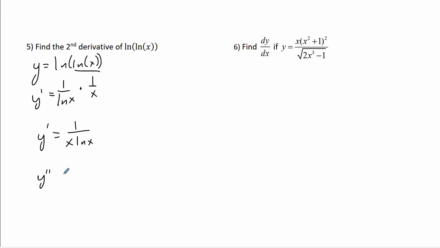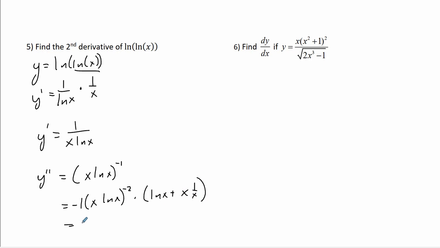So the double derivative, this is technically x ln of x to the negative 1. So I'm going to get negative 1 times x ln of x to the negative 2 times the derivative of the inside, which is product rule. So the derivative of x is 1, so that's just ln of x, plus the derivative of ln of x, which is 1 over x.